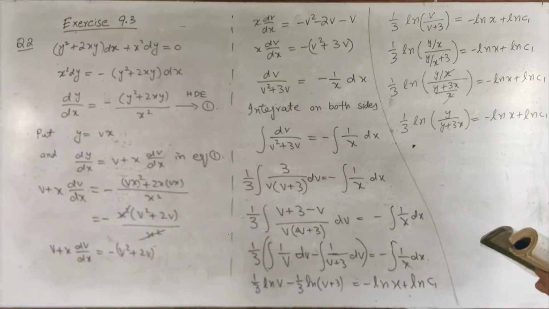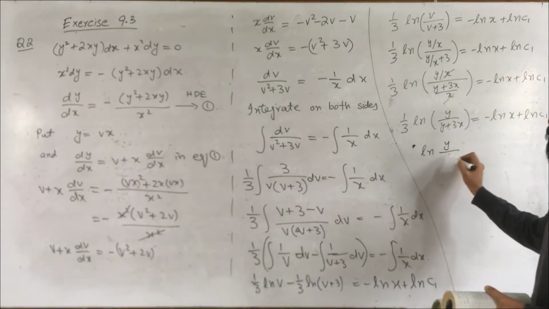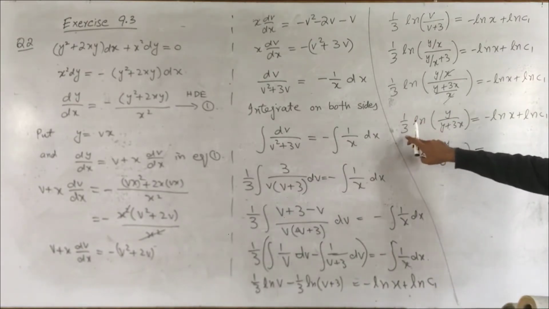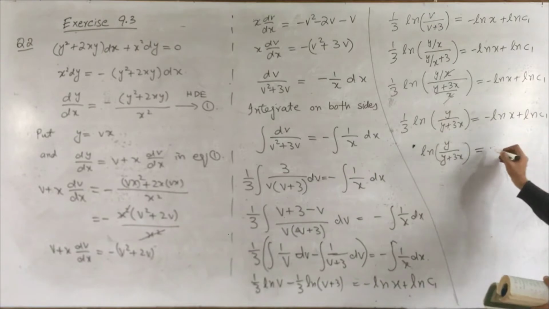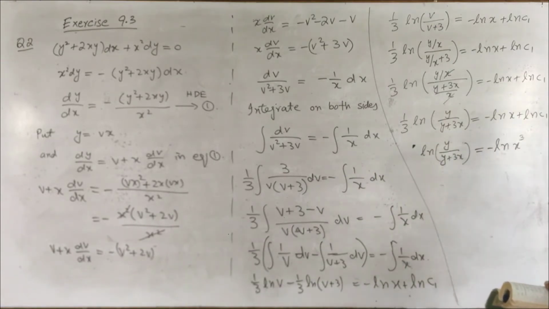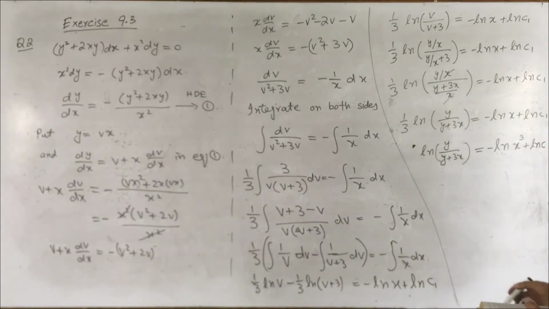Is there any 1/3? Okay, this 3 divides here and it will multiply on the other hand side, which is transferred to the power of x, and plus natural log of c remains here.